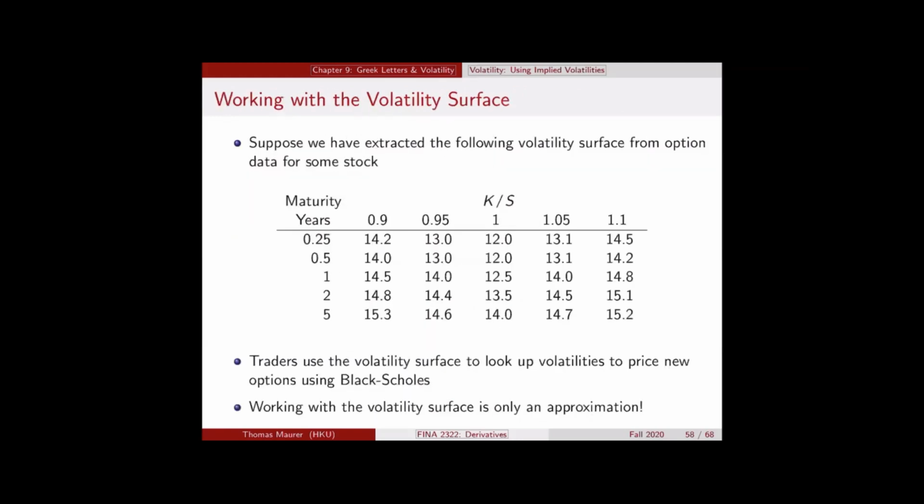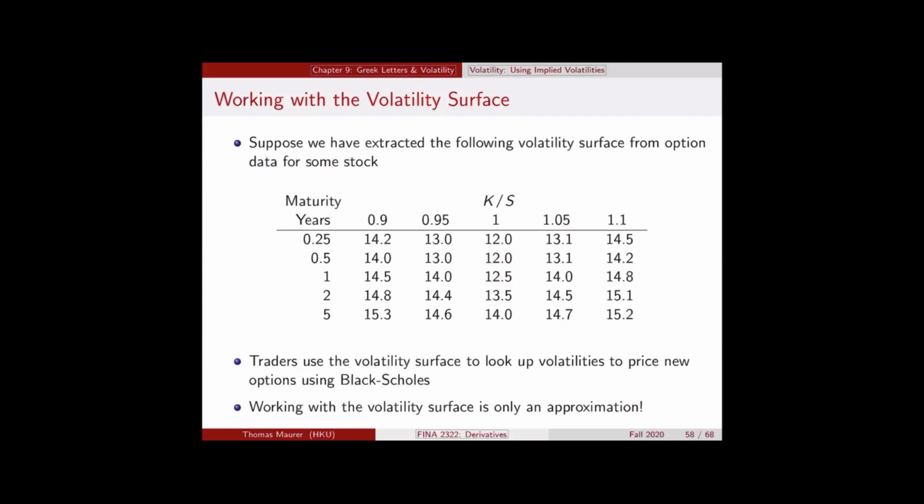Well, I do have a bunch of options which are at the money, but I don't have 8 months to maturity. But what I do have is the implied volatility of an option with 6 months to maturity and another one with 1 year to maturity. So the thing which I would like to price is somewhere between these two. And so what I want to do is interpolate just between these two implied volatilities.